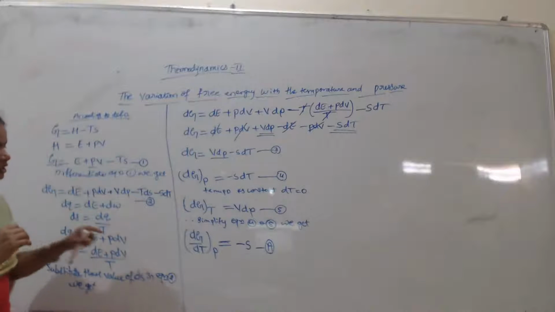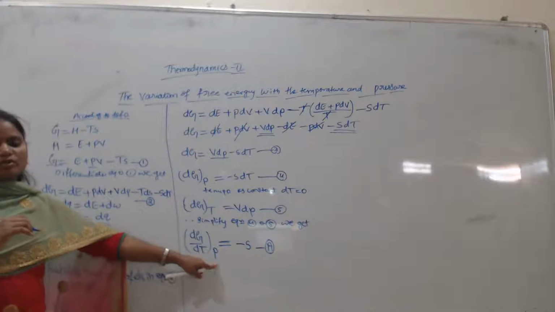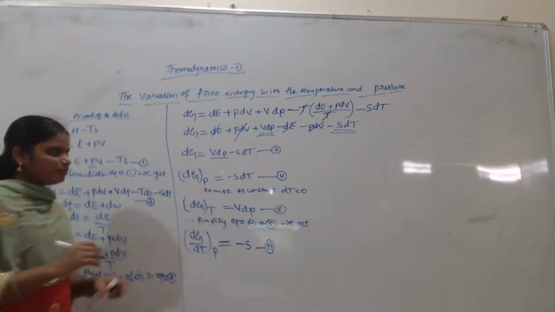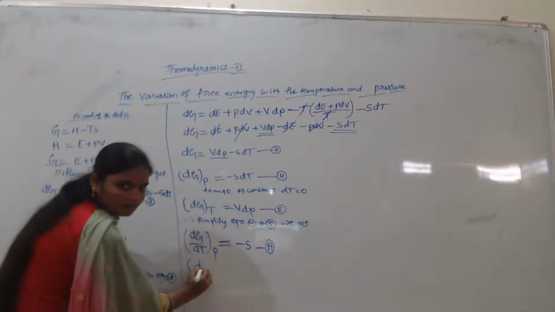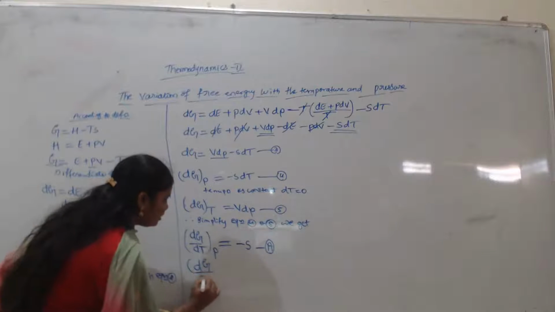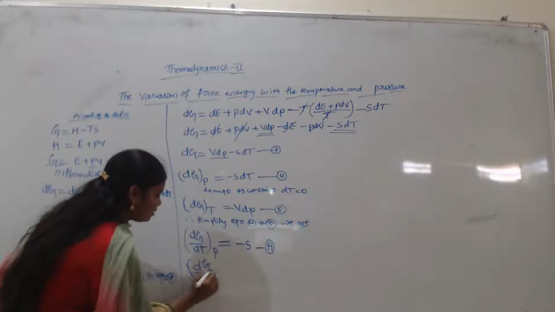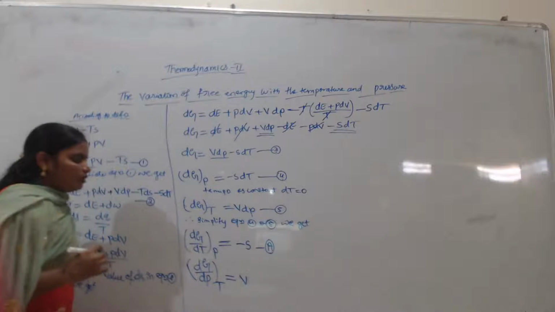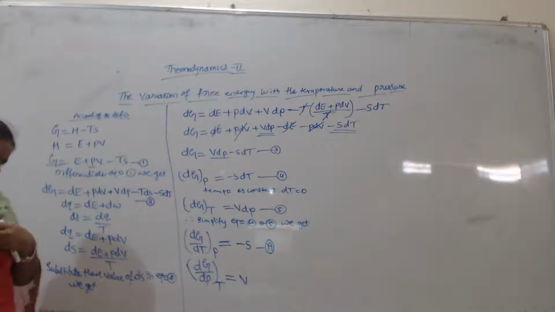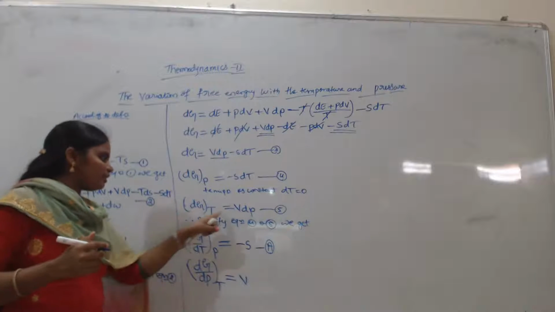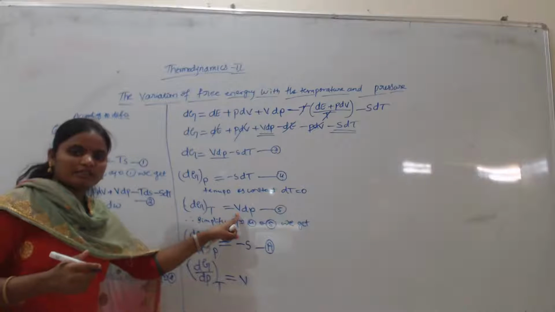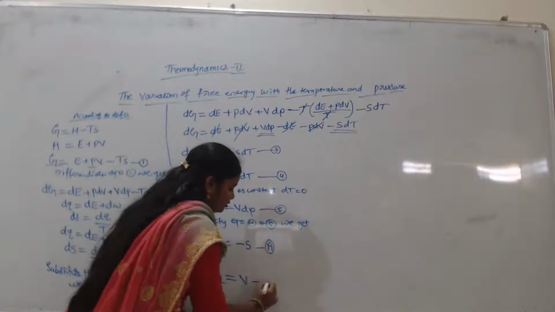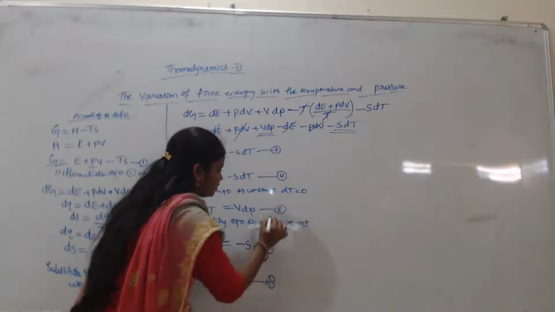Next, dG divided by dP at constant temperature is equal to V. You consider this as equation B.